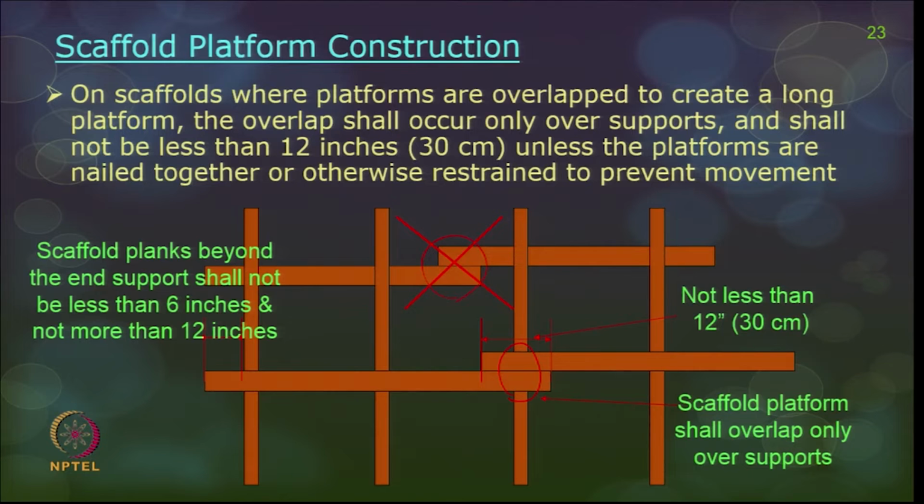The scaffold planks beyond the end support shall not be more than 12 inches and not less than 6 inches, and should not be used as a cantilever. People should not load material over there; the plank can only be extended for the end support and end vicinity.